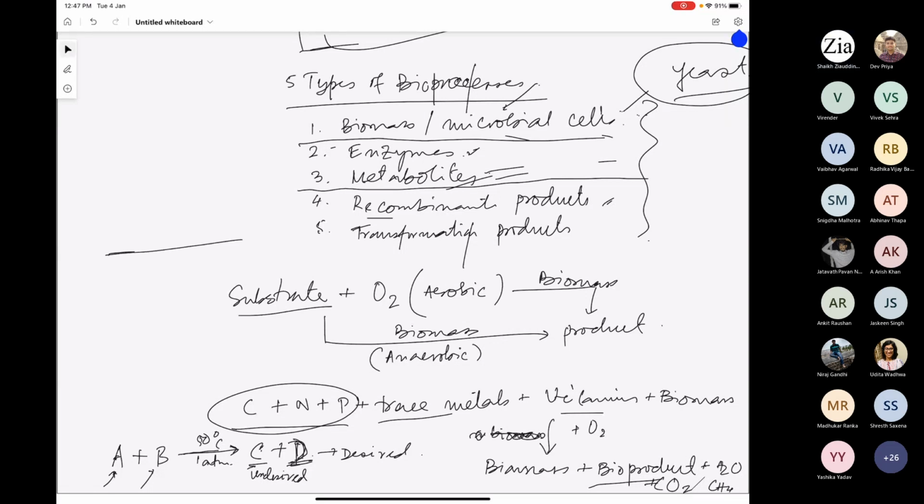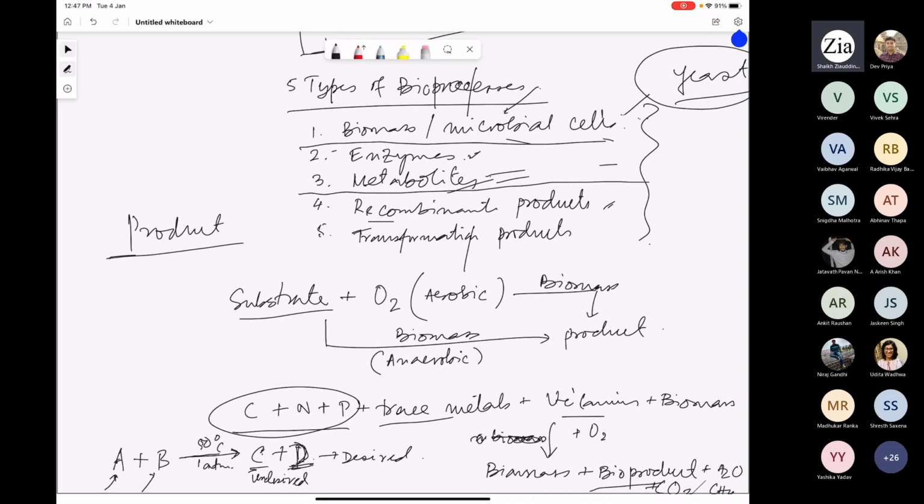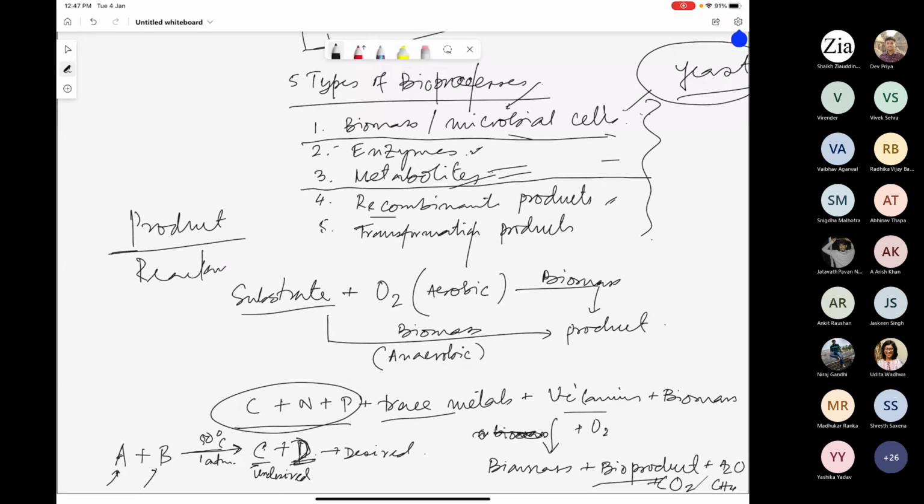So when you talk about yield, it is a very simple terminology where you just take the ratio of product divided by reactant. Here our desired product is D, and if you compare the yield of D from A, then you can use either weight value or mole value, which is more fundamental.